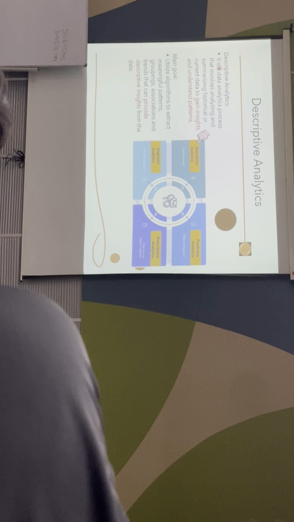If the lift value is more than 1, that means we have positive dependence, or that means customers who buy milk, they also tend to buy bread together. Positive if the value is more than 1. If the value is less than 1, that means it has negative dependence. So that means customers who bought milk, they do not prefer to buy bread together.